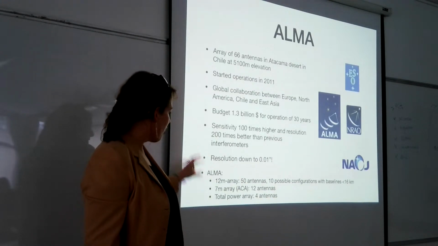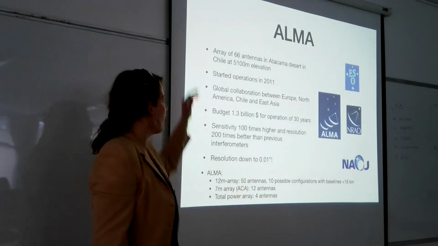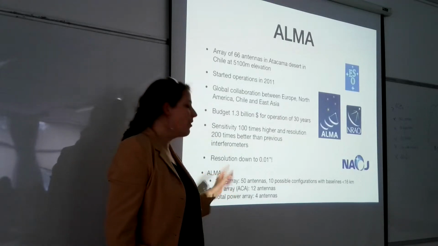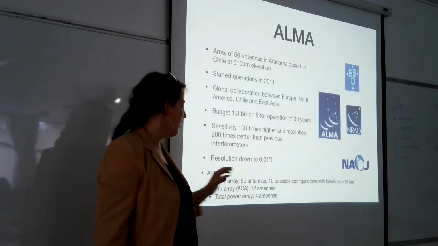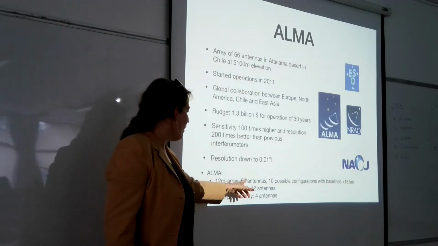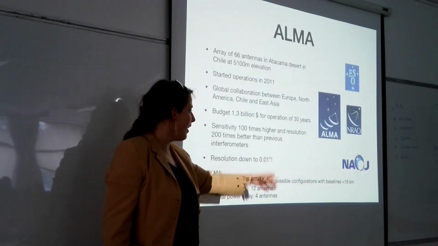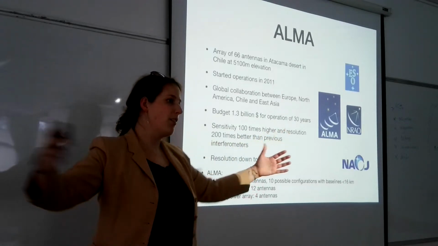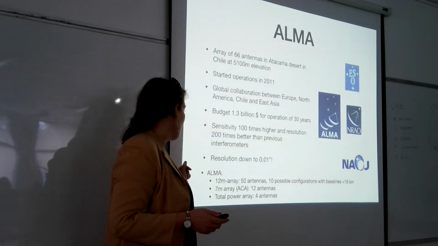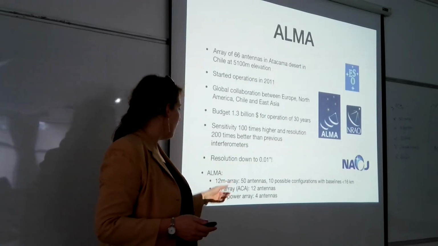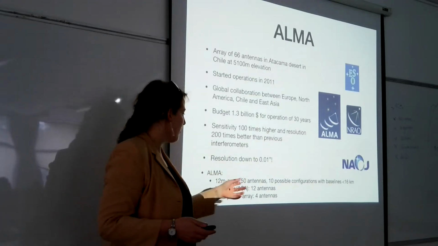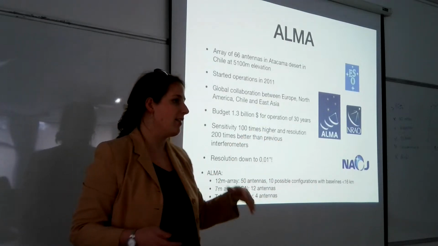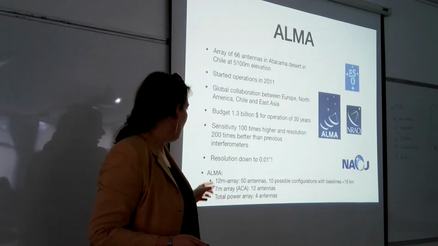ALMA itself actually consists of 3 arrays. 66 antennas is the total, but there's the 12-meter array, which refers to the diameter of the individual antennas. The 12-meter array consists of 50 antennas that can be set in 10 different configurations, so for different baselines and resolutions. Then there's a compact array of 7-meter antennas, those are 12, and finally a total power array of antennas that can be used together as well.